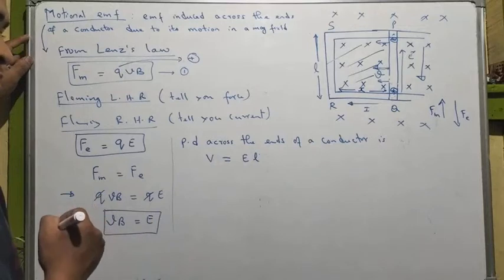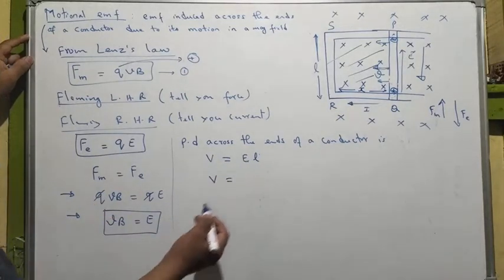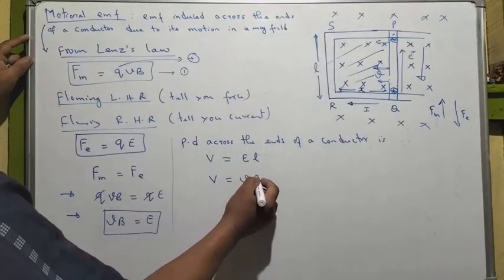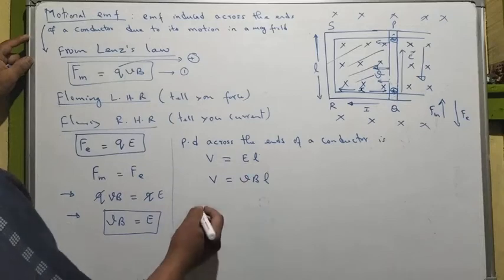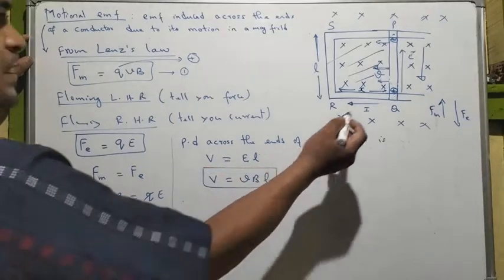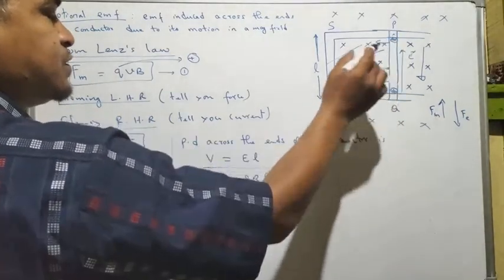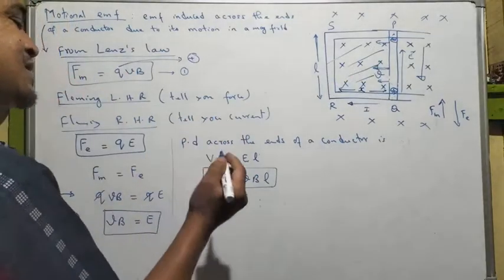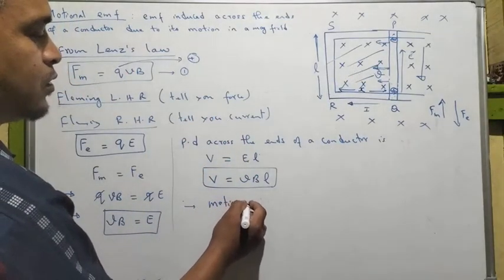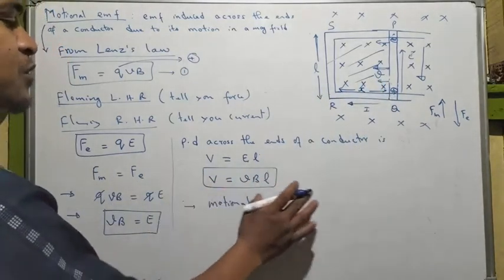Okay, I hope you still remember this. Or V here is equal to, how much is E? E here is the electric field, so it is equal to vB and then L. This potential difference that exists between the two ends of the conductor PQ is known as the motional EMF, because the conductor is in motion, so that's why this V is motional EMF.